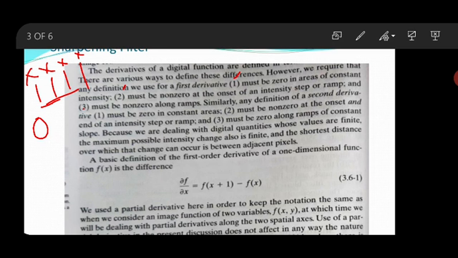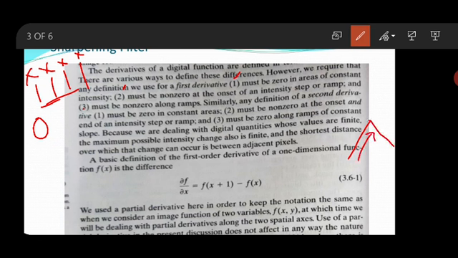How we find the step and the ramp, we will come to with the equation and discuss in more detail. For the third, it must be non-zero along ramps. I hope you understood. What is a ramp here? A ramp can be a positive ramp or a negative ramp.